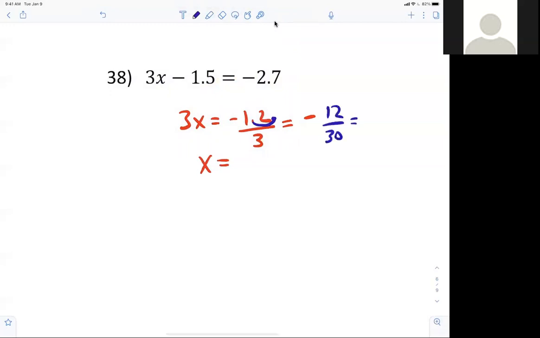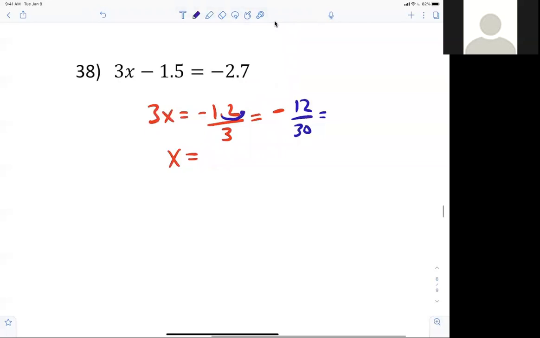And then reduce that, please. What does that reduce to? 6/15. And then? Negative what? 6/15 reduces to, no help. Yes, sir. Good. Thank you.